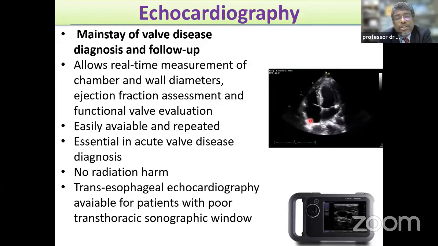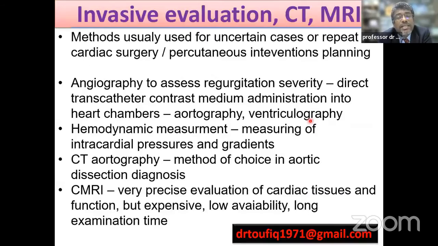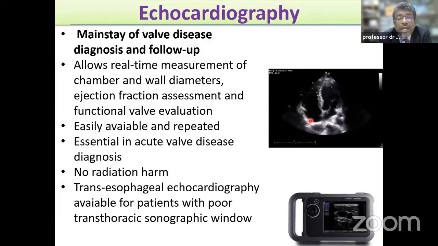And echocardiography is the gold standard. By echocardiography, we can confirm the diagnosis of aortic regurgitation. We can also grade the aortic regurgitation, and by grading it we can plan what treatment is needed. If the aortic regurgitation is grade 3 or 4, we usually plan for aortic valve replacement if the patient is symptomatic.